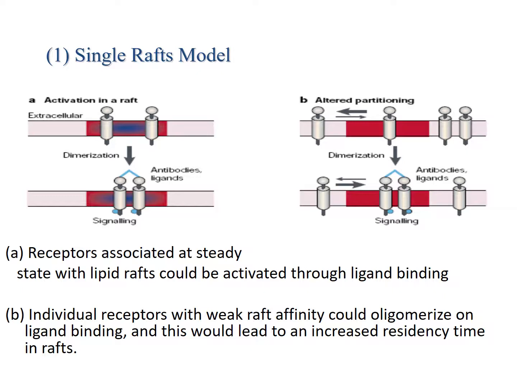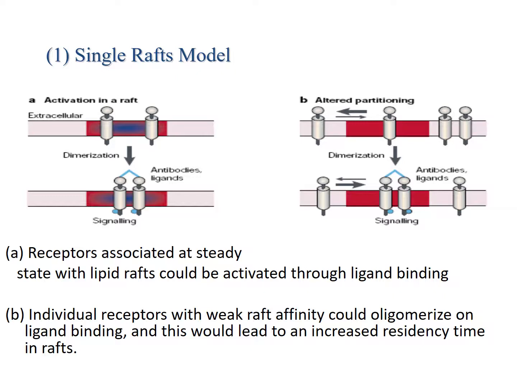And so here you have the lipid rafts, the receptors inside the lipid rafts. So they're in a raft. Maybe the receptors are outside the raft, and when there's a signal, then the receptors come into a lipid raft and are kind of forced together.